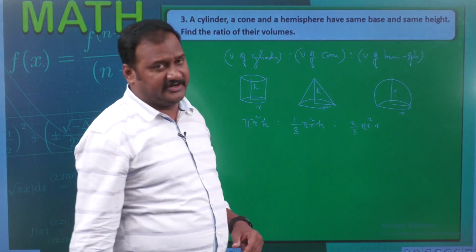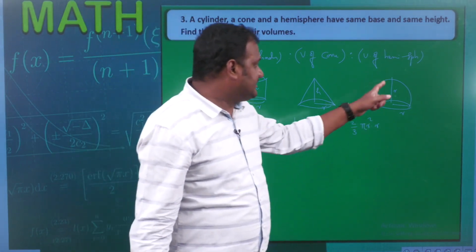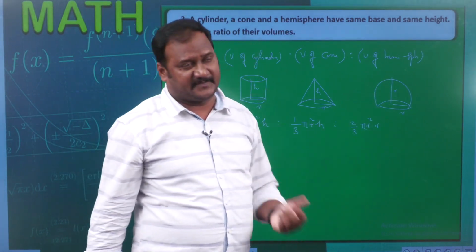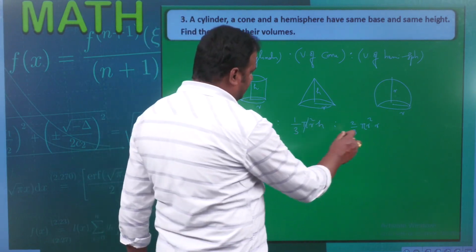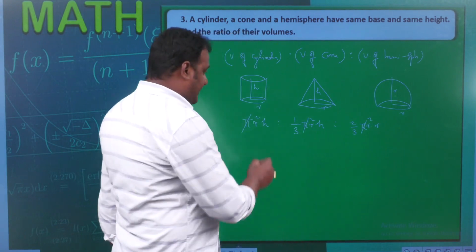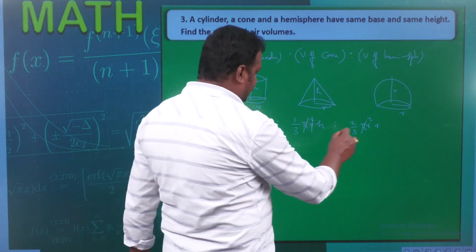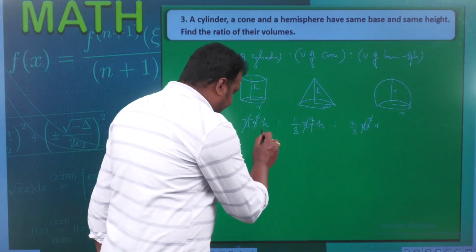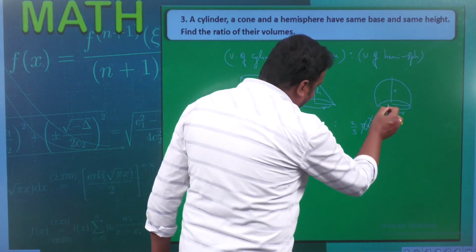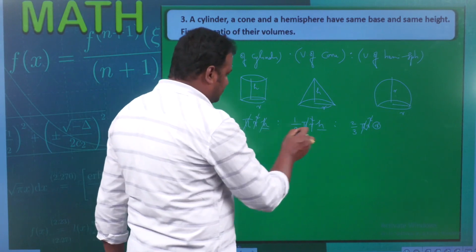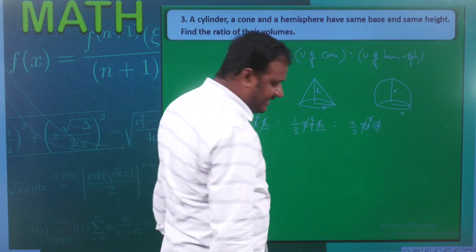I wrote pi r square into r because this r can be considered as h. If you observe, in all the three terms, pi is common, so I cancel that. And r square is also common, so I cancel that. And here h, and here h, and here r. I just said r and h are both the same, so h can also be cancelled.